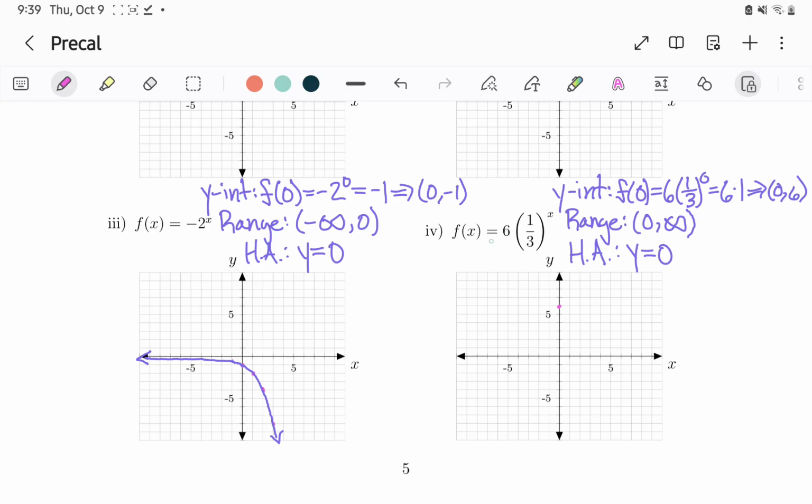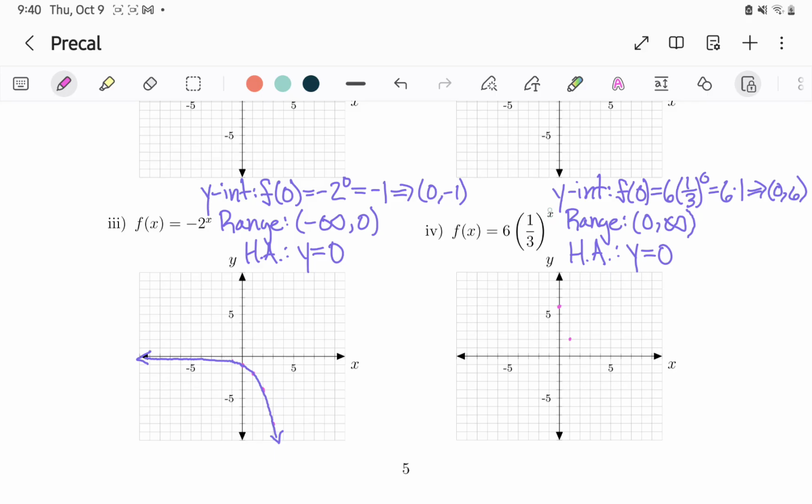I shouldn't say once again, we only talked about evaluating f at negative x values. But anyways, f of 1 is equal to 6 times 1/3 to the 1. So in other words, 6 times 1/3, or 6 over 3, which is going to be the same as 2. So the graph of our function here is going to pass through the point 1, 2, which is right here.